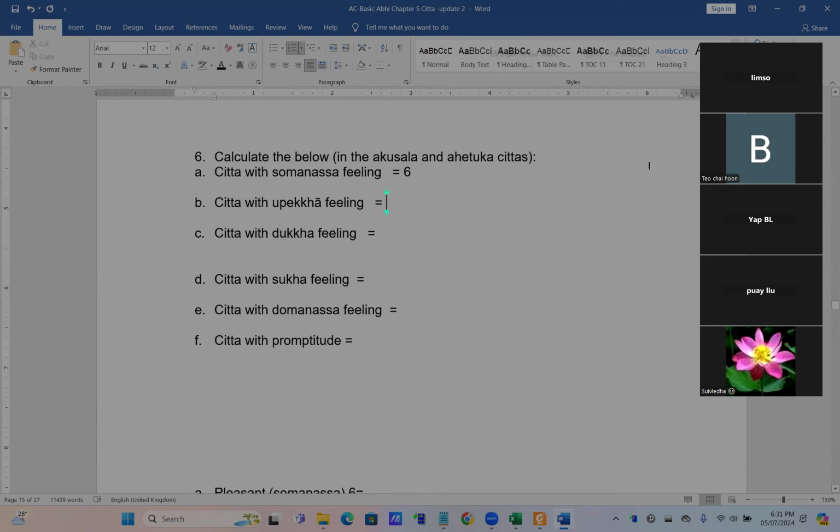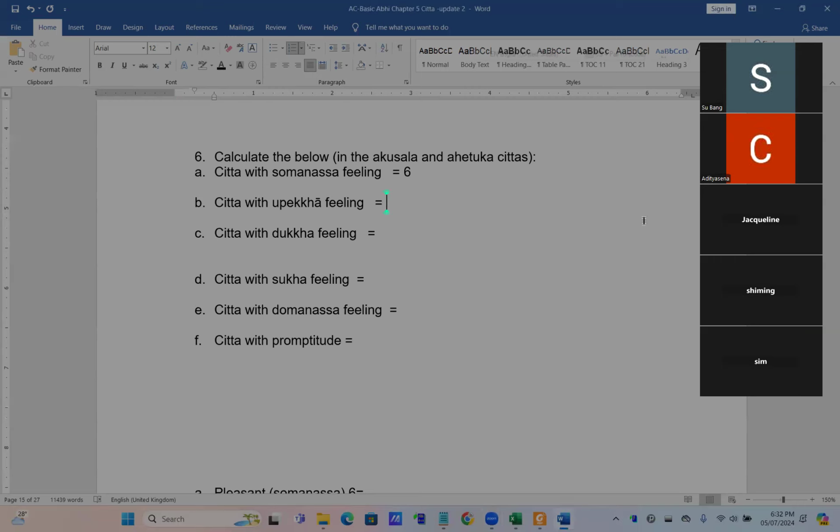Now, how many with upekkha feeling in both kusala and akusala? So we ask those who learned before. Who has learned before actually? Shimin, yes. How many?